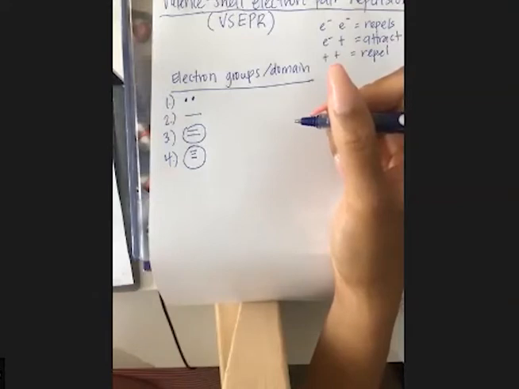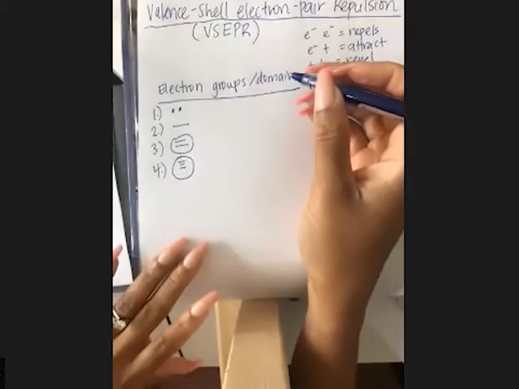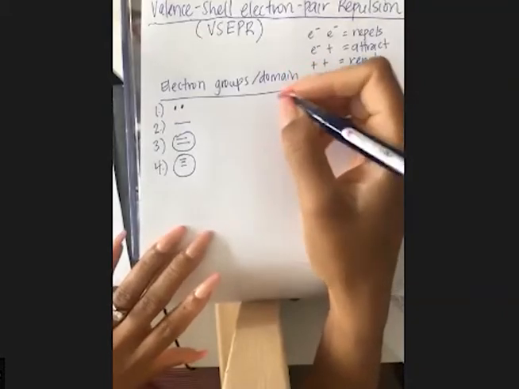So we can look at a table that the book provides, and I have it posted on Brightspace, that tells us how we figure out what the actual 3D molecular and electron geometry are.